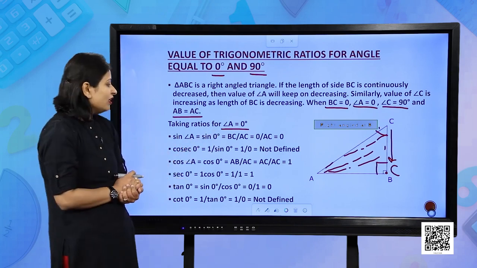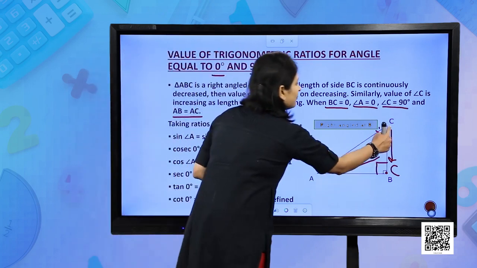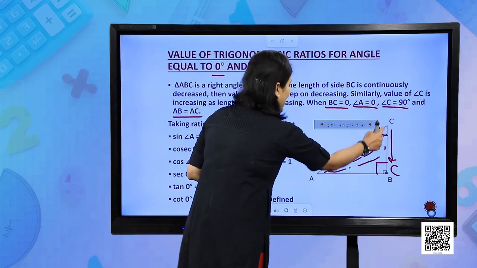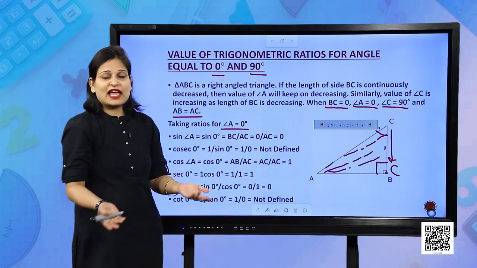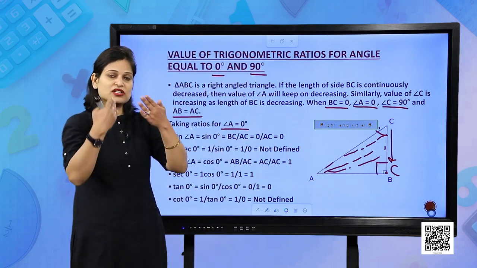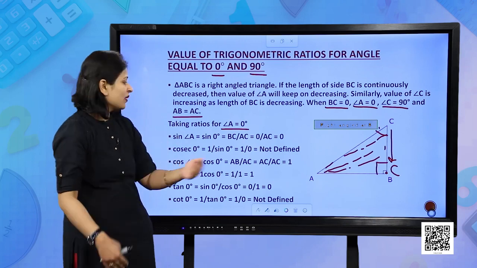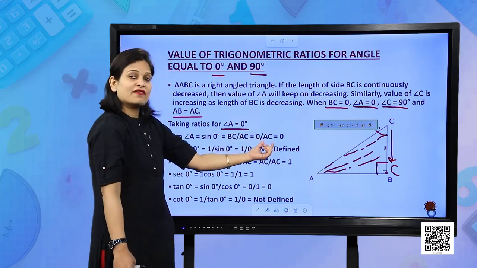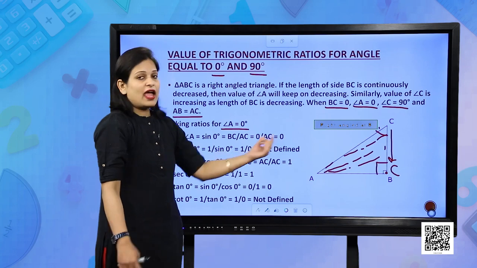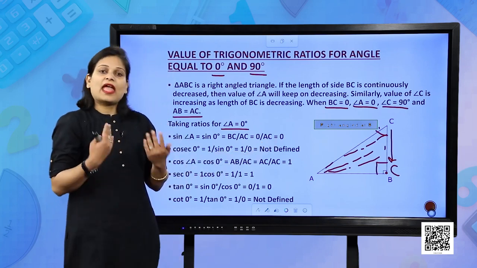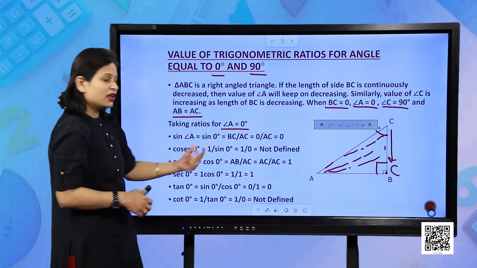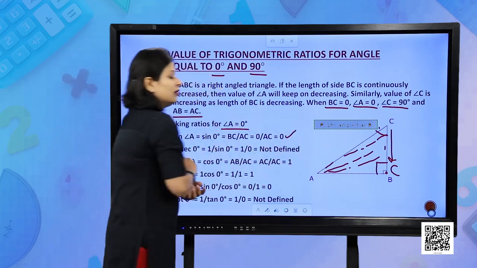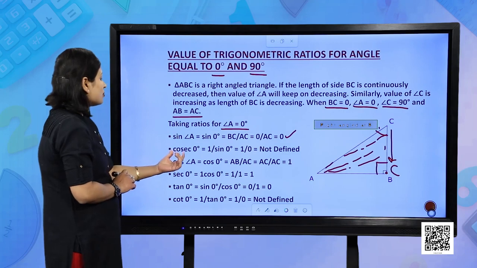What will be the perpendicular? Perpendicular will be BC and hypotenuse will be AC. But BC has become 0 because we have just decreased the length of side BC. So, BC is 0 divided by AC, and 0 divided by any number will always give you 0. So, sine of 0 degree will be 0.